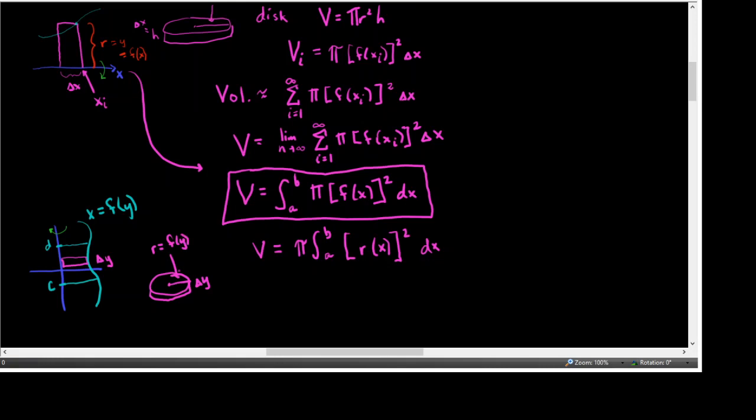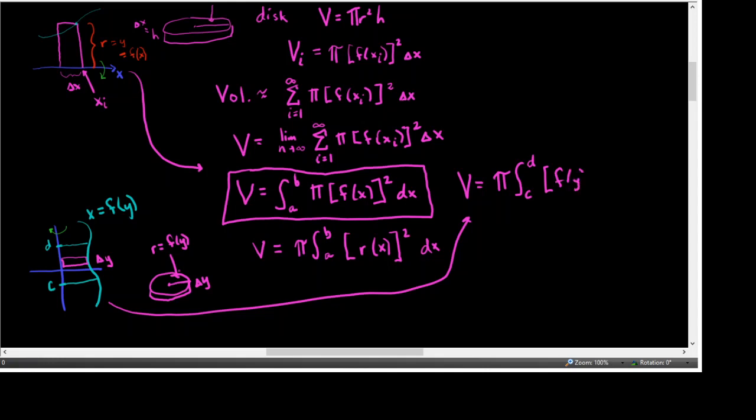And the version of this formula where it's a relation x equals f of y and revolving about the y-axis, so this specifically, this situation would be V equals, I'm going to go ahead and pull the pi out like I normally would, pi times the integral from c to d of f of y squared dy.